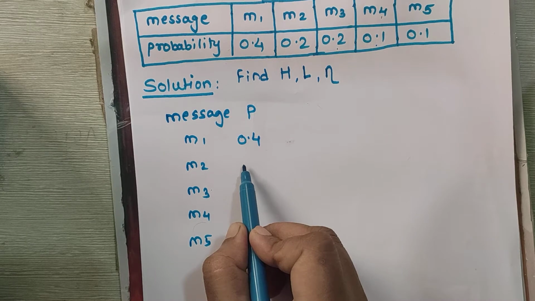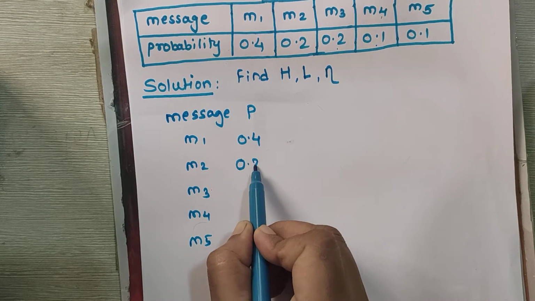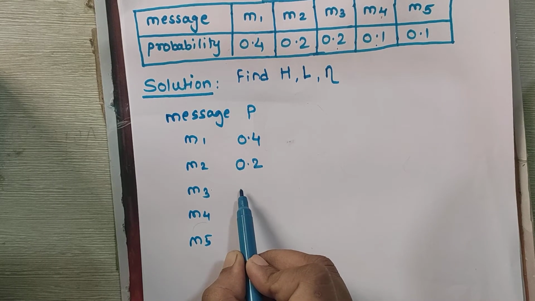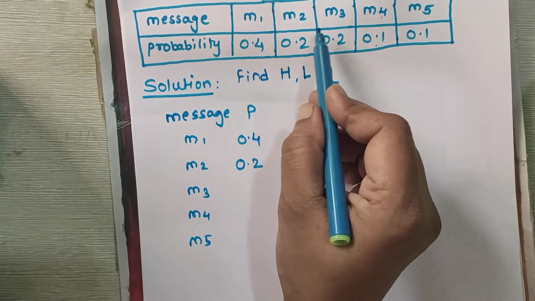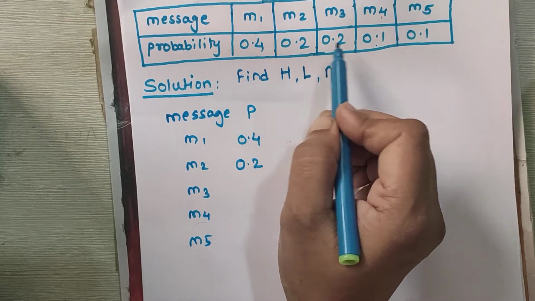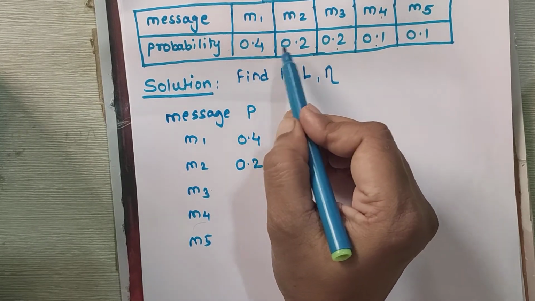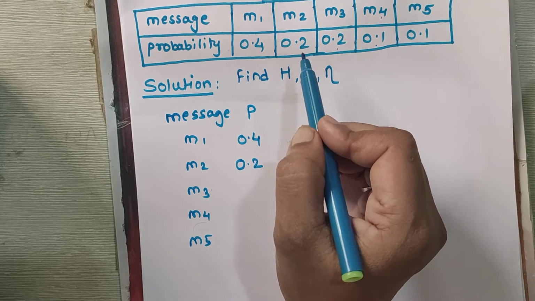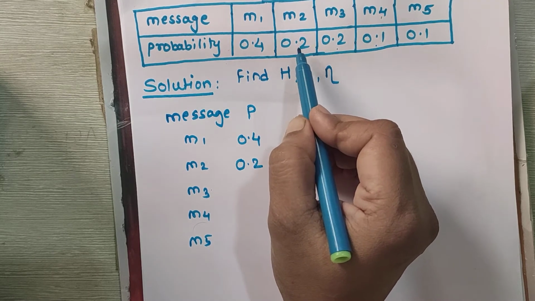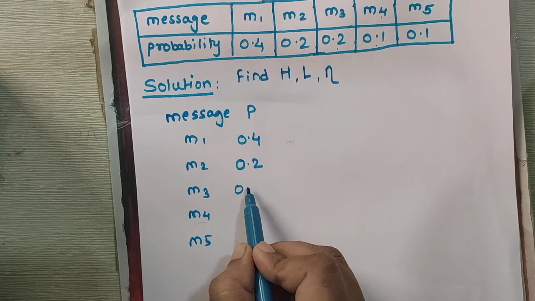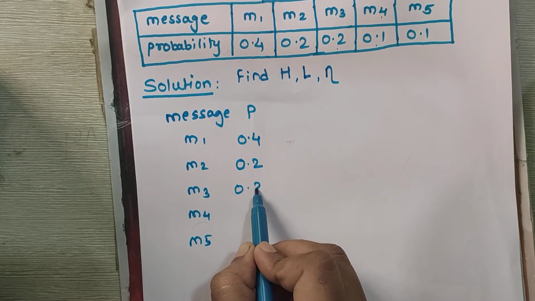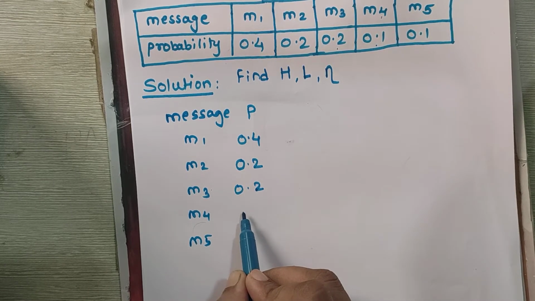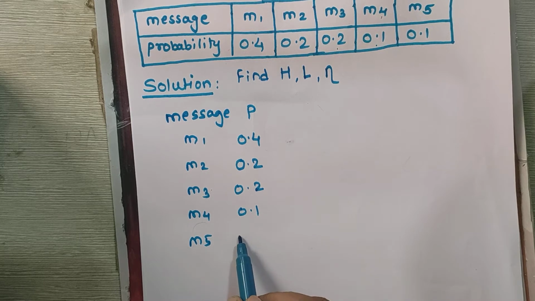The next probability is 0.2. M2 and M3 both have the same probability 0.2, but according to the sequence M2 comes first, so I will write M2 first, then M3 is also 0.2, M4 is 0.1 and the last one is 0.1.